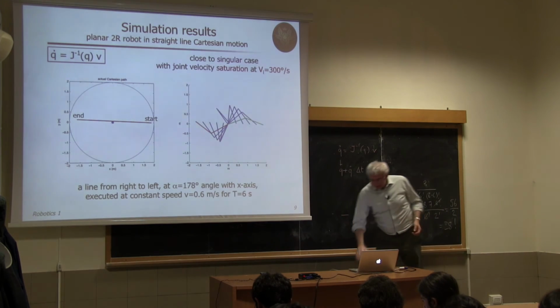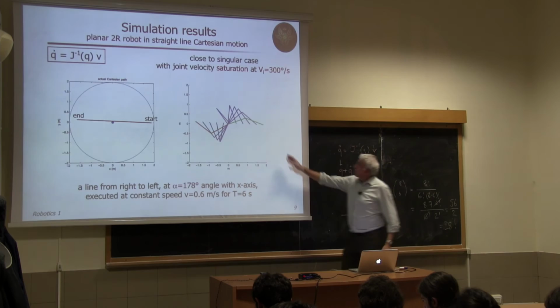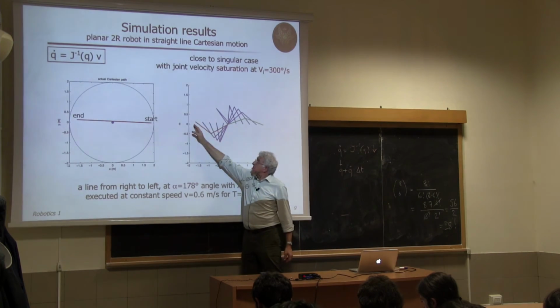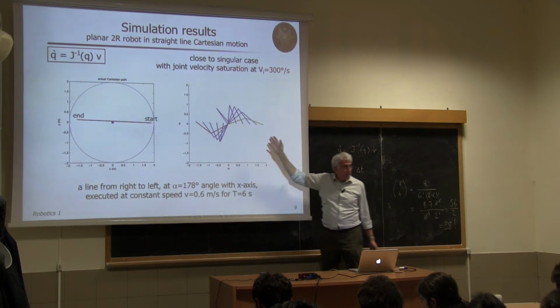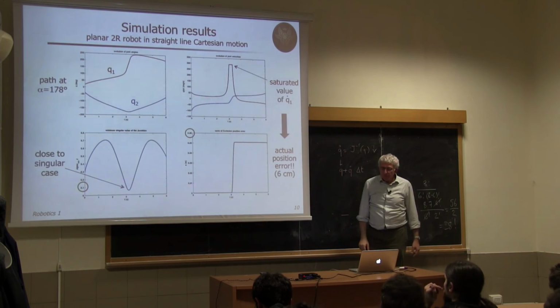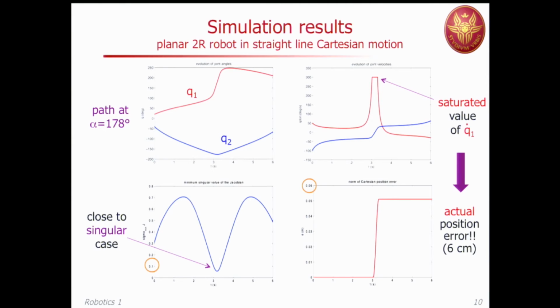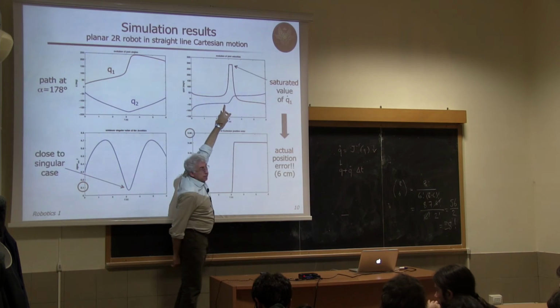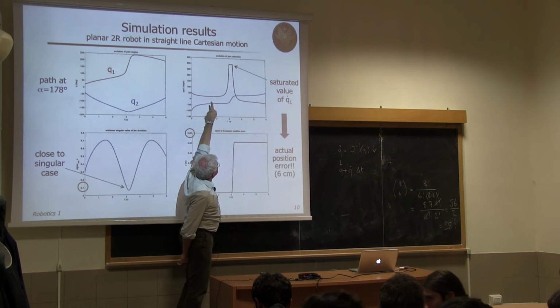And I'm repeating exactly the same motion, and I see almost nothing changes at this level. So it's moving as before, but if I look in detail, I will see that, okay, again, a large variation of Q1 close to the center point of the workspace where the singularity is, but the peak of 600 degrees per second is now cut out by the saturation.